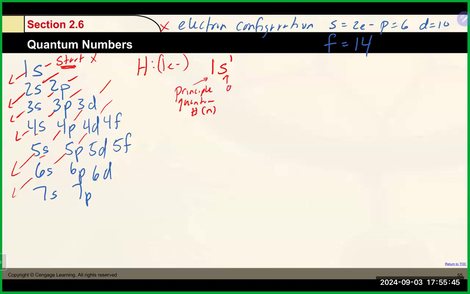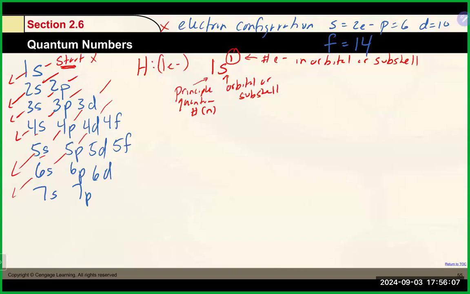That is obviously the orbital or subshell it is in. And this is the number of electrons in that orbital or subshell. So basically what we're saying here is on the first energy level in the s orbital, we've got 1 electron hanging out there.